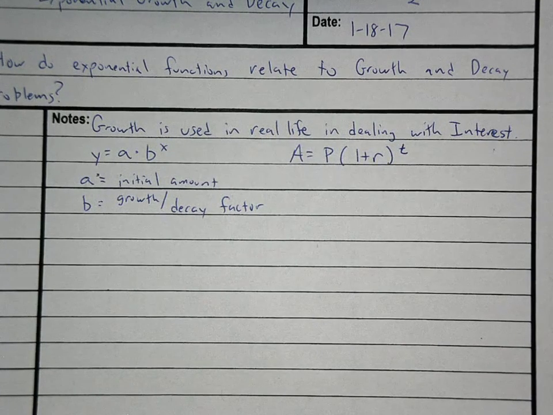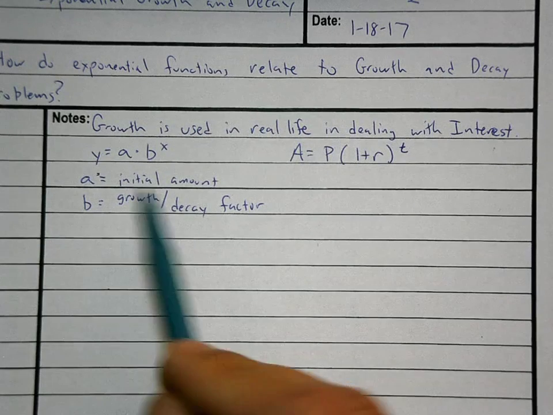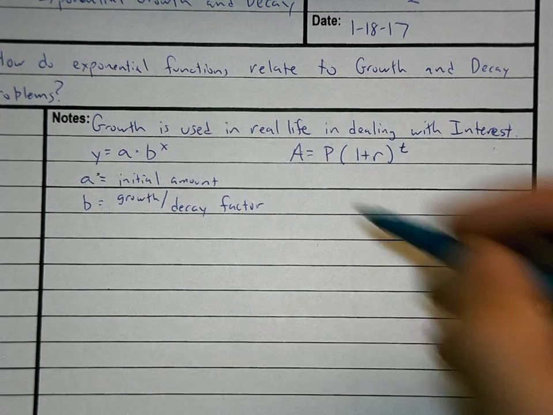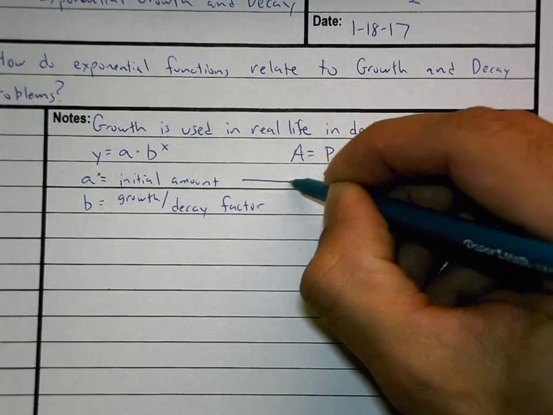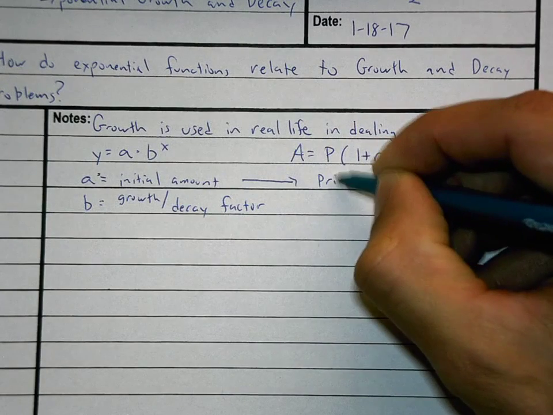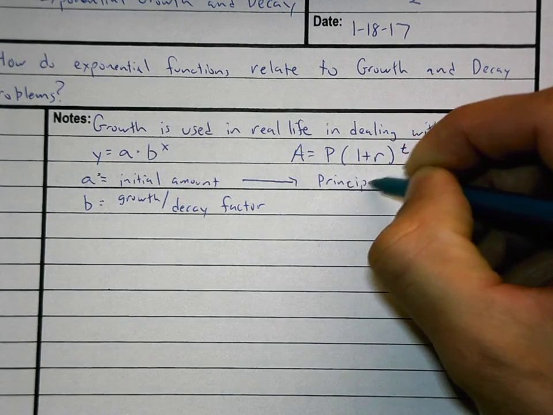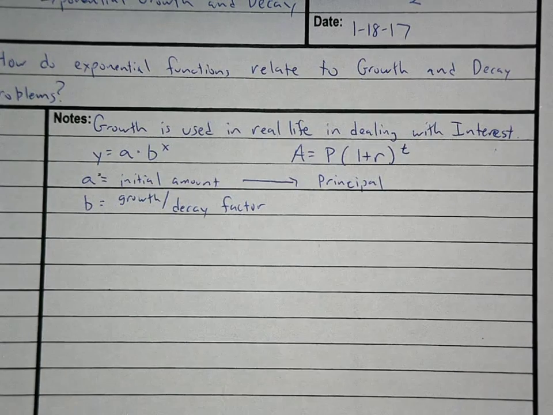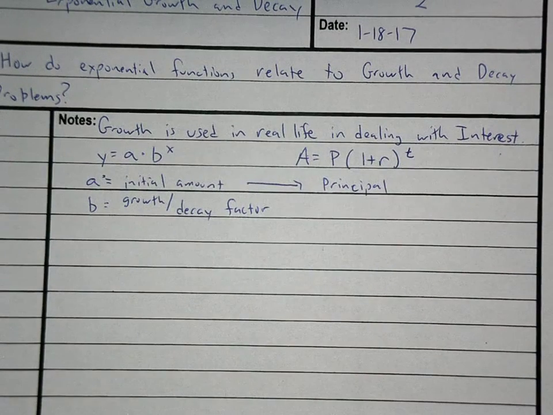In other words, your initial amount, what you're starting with, is also known as your principal. How much did you start with? For example, if I go to the bank and I want to purchase a CD, a certificate of deposit, the principal is the amount I start with.